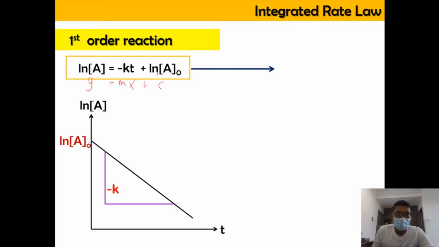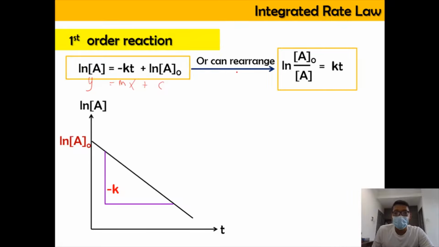All right, and k here refers to the gradient, or this can be rearranged into ln a naught over a is equal to kt. So you can bring this term to the left hand side and that term to the right hand side, and ln a naught minus ln a is equal to kt.